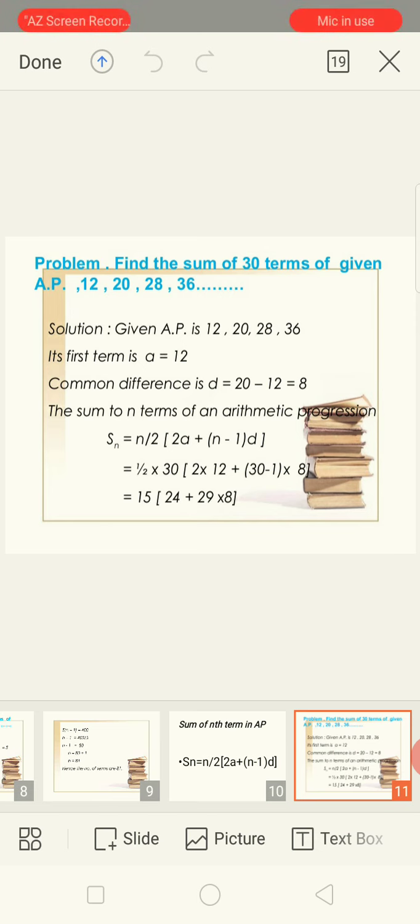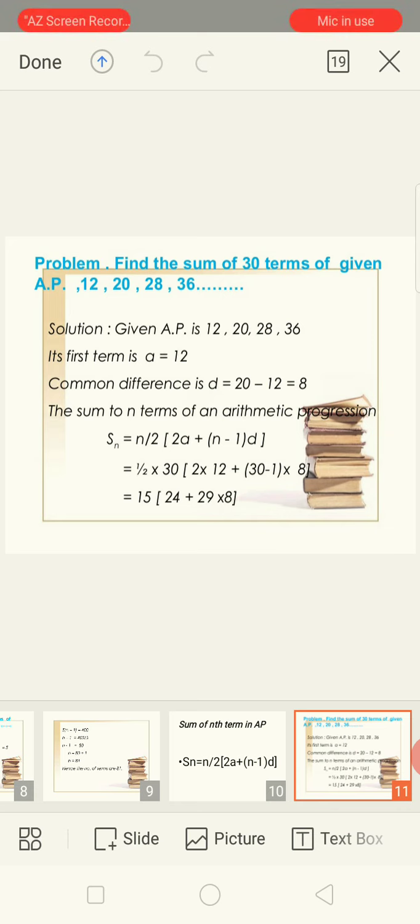The sum to n terms of an arithmetic progression equation is Sn is equal to n by 2 into 2a plus n minus 1 into d. So 30 by 2, or you can use 1 by 2 into 30 into 2 into a, a is equal to 12, n is equal to 30, 30 minus 1 into d, d is equal to 8.